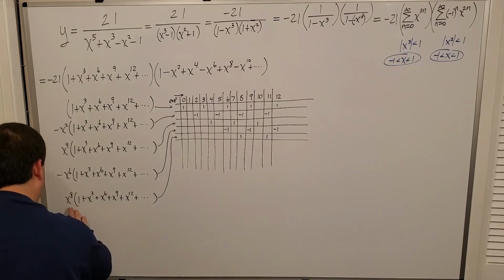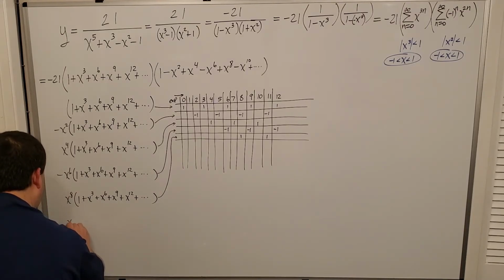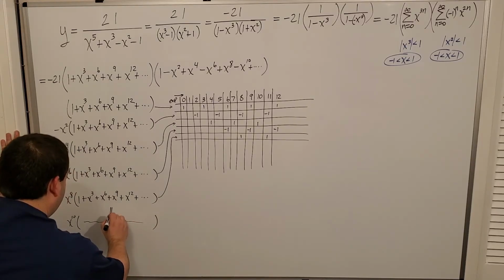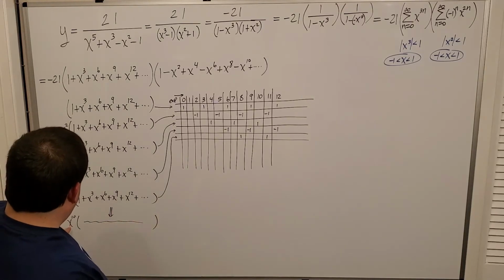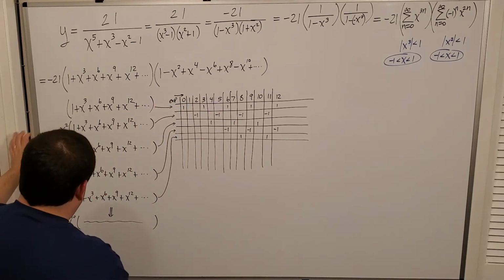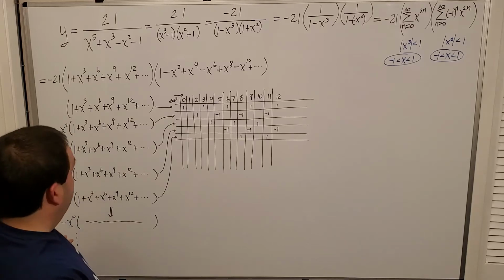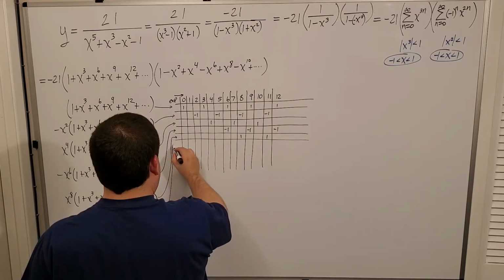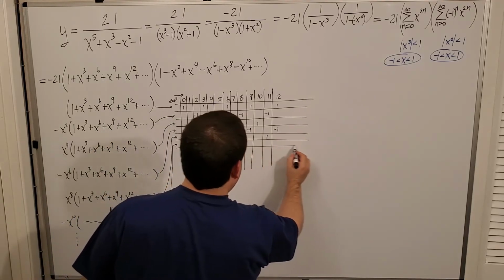Let me do one more, right? So the next one would be x to the 10th times all of that same stuff, right? So I would start with a negative, right? It's negative x to the 10th. And then it's going to keep going forever that way. Negative x to the 10, this is going to be this line here.